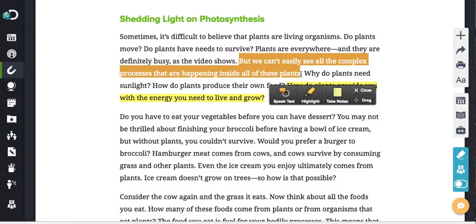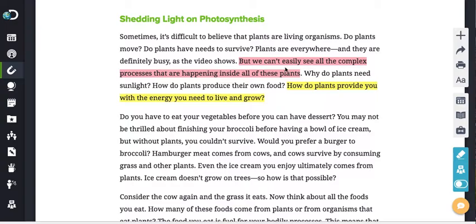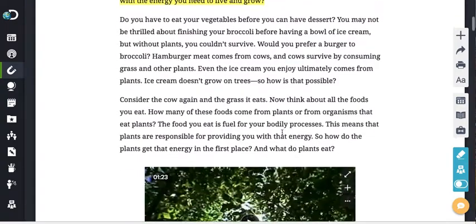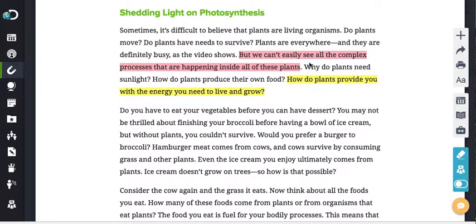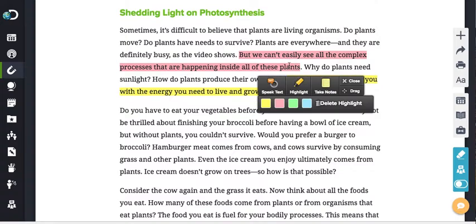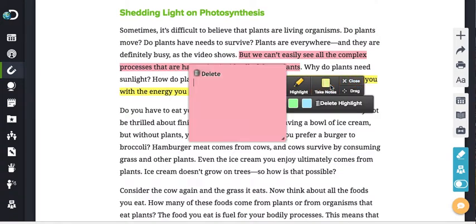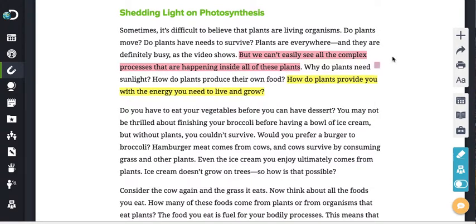If I thought that was an important sentence, I can highlight it in whatever color I want, and my text is highlighted, and every time you log in, those highlights will be there. If there was an important question there, I can actually make a note. This is important. And I can leave that there. And when I click off of it, that note will always be there.